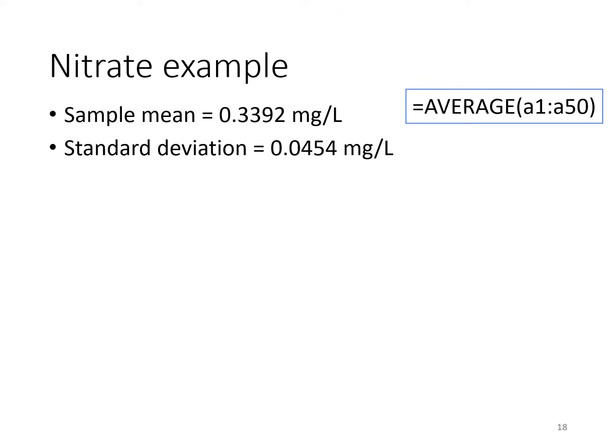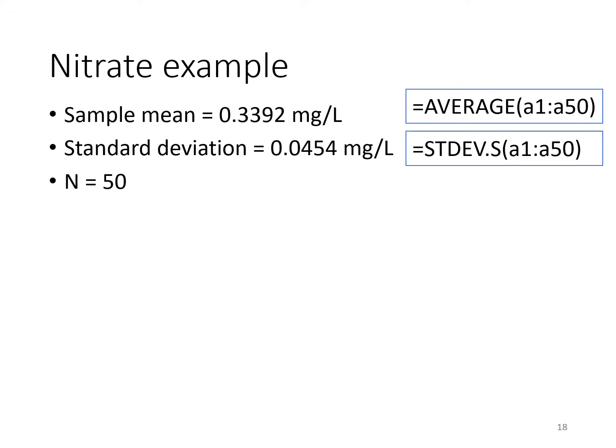We can calculate the standard deviation, that's 0.045, and the function that we'll use in Excel is STDEV.S. Now n is equal to 50, we have 50 observations. The number of degrees of freedom is 49, so it's n minus 1.